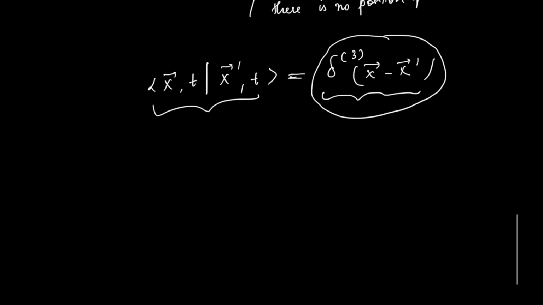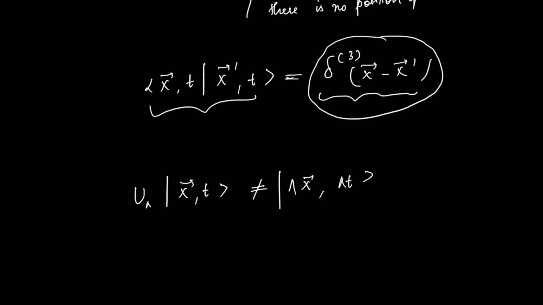If U(lambda) is the unitary operator that generates a Lorentz transformation, then you can show that U(lambda) acting on the state |x, t> is not equal to |lambda x, lambda t>.